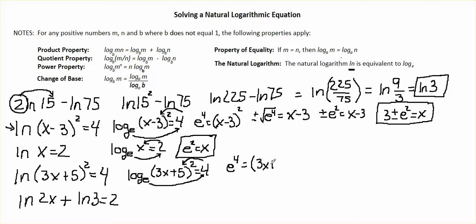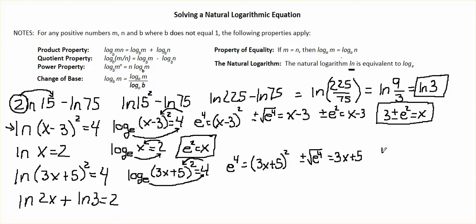(3x plus 5) squared. Again, how do we get rid of a square? We take the square root of both sides, and we have to put a plus or minus out in front. So we get the square root of e to the fourth equals 3x plus 5. The square root of e to the fourth, we did that earlier.